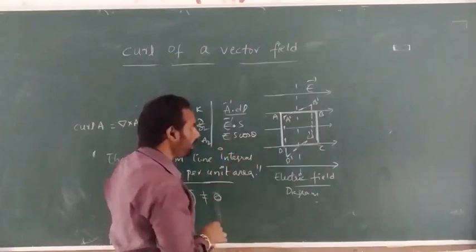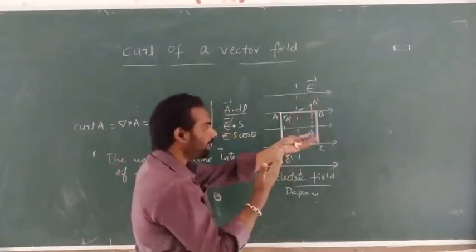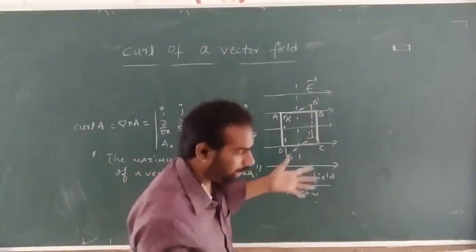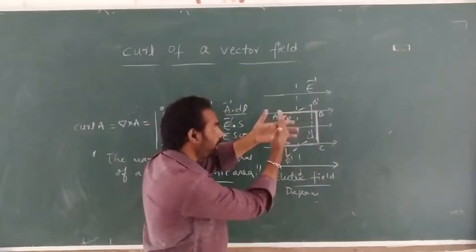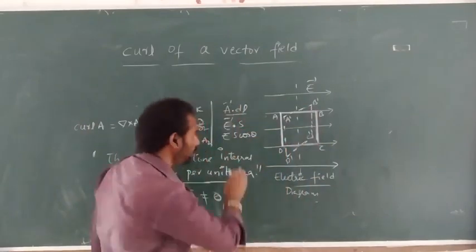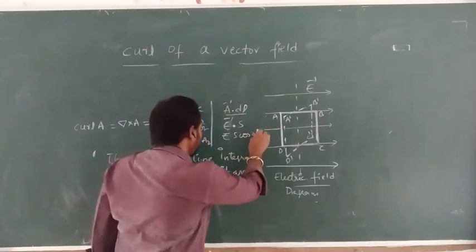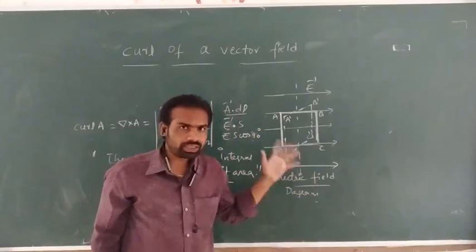Now, what is the angle between A dash, B dash, C dash, D dash and the electric field? The electric lines are like this, and the surface is perpendicular to these electric lines. So theta is 90 degrees. Hence, ES cos 90. Cos 90 is 0, while cos 0 is 1.